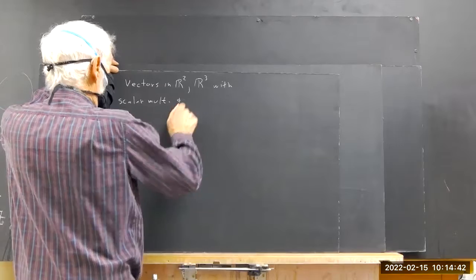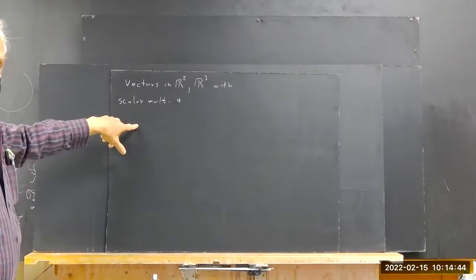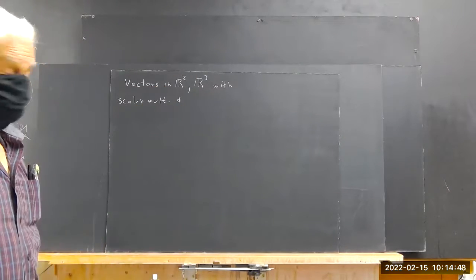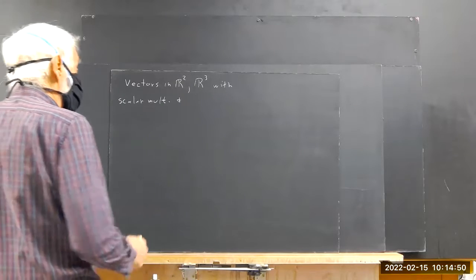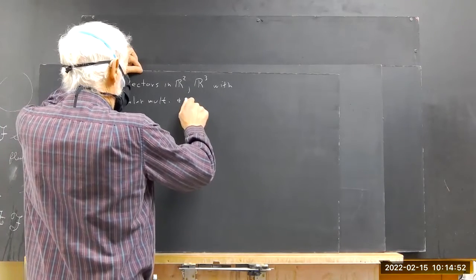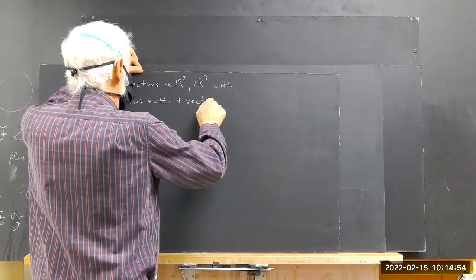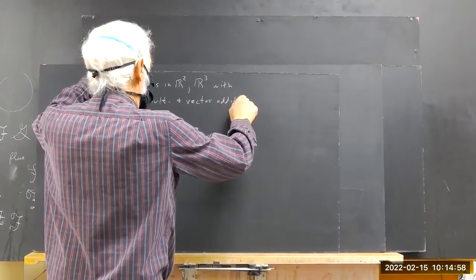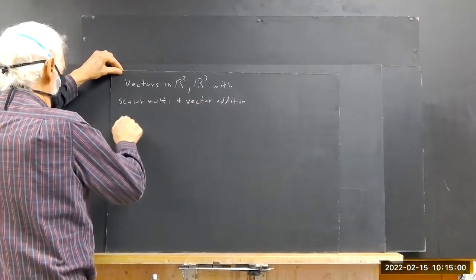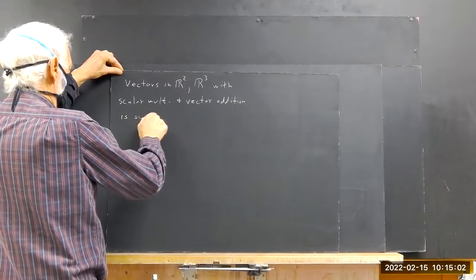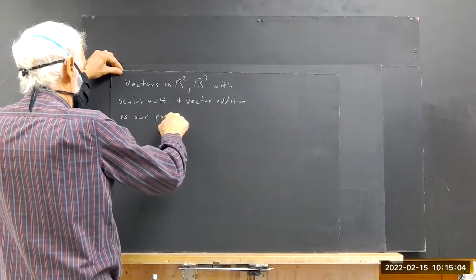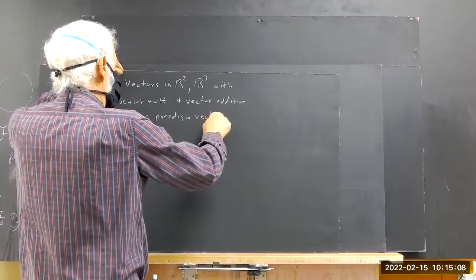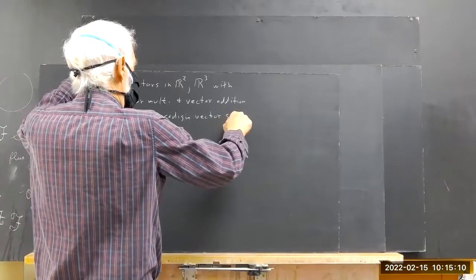And I'm not going to be real specific about that. But right now, we're talking about you multiply a vector by real numbers. We did in this example. Scalar multiplication and vector addition is a paradigm vector space.